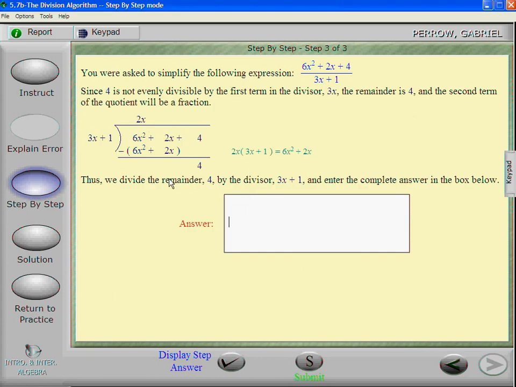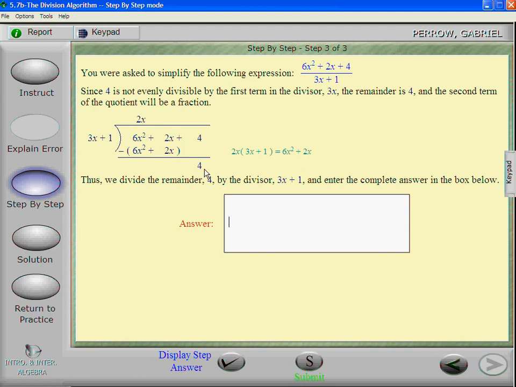Okay, so they kind of do some of the work for you here and say, the 4 drops down, and they say, thus we divide the remainder 4 by the divisor 3x plus 1, and enter the complete answer in the box below. So this is what you identify. You say, okay, I know I have a remainder at this point because 3x, x to the first is a higher power than what you have over here, which there is no x, right?